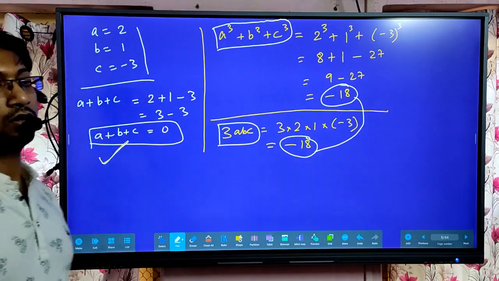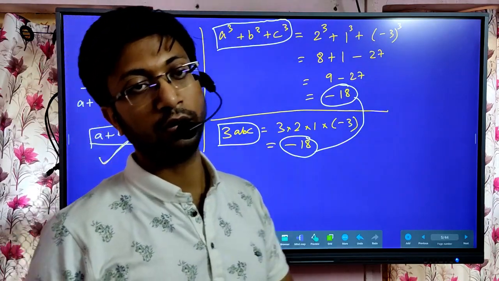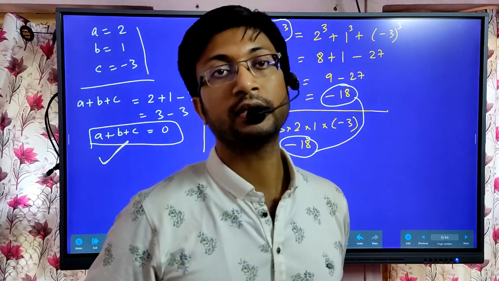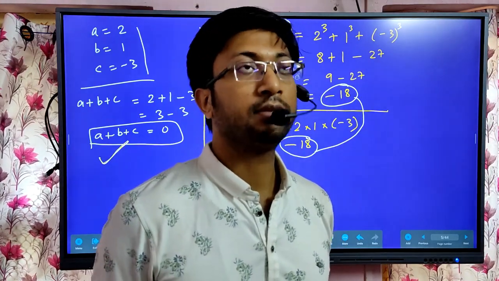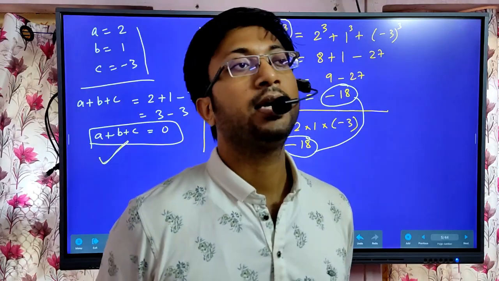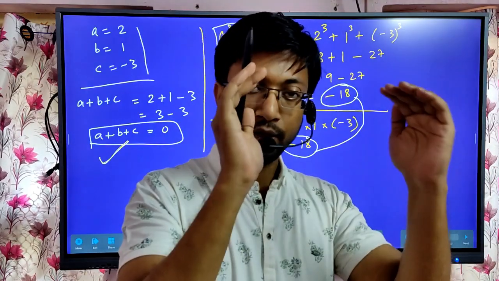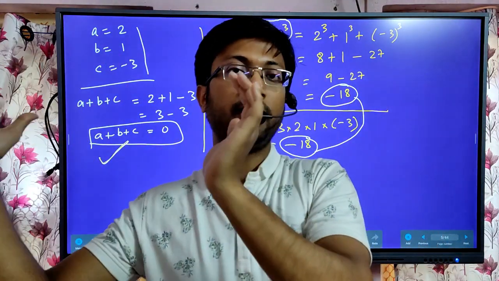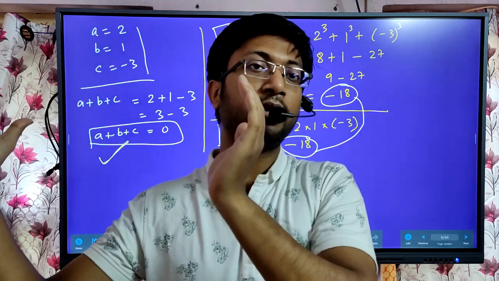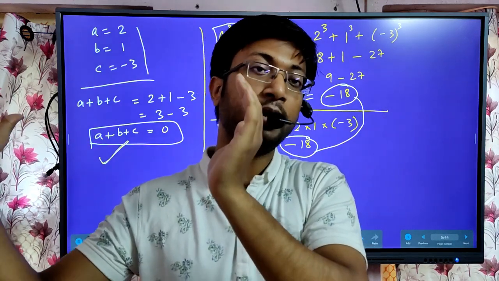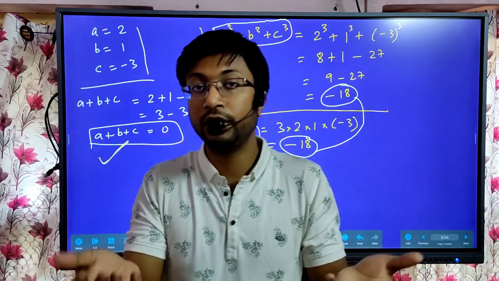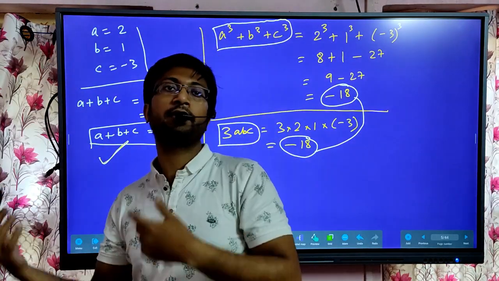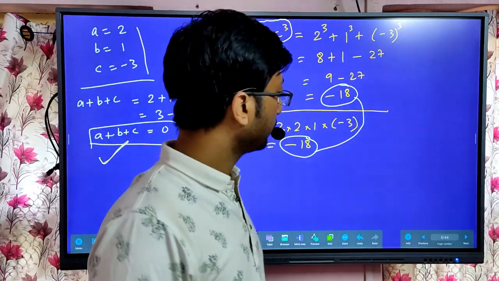So now I think you have understood the application of the formula a cube plus b cube plus c cube minus 3abc, which is a plus b plus c multiplied by a square plus b square plus c square minus ab minus bc minus ca. When a plus b plus c becomes 0, then the entire right side becomes 0.